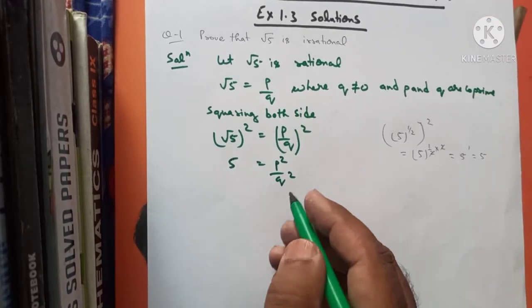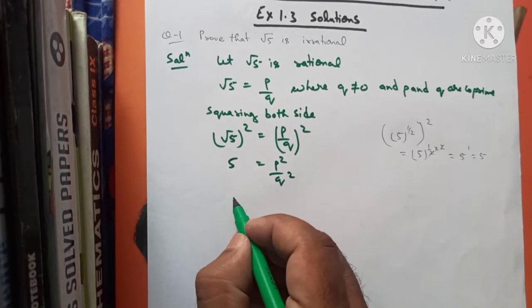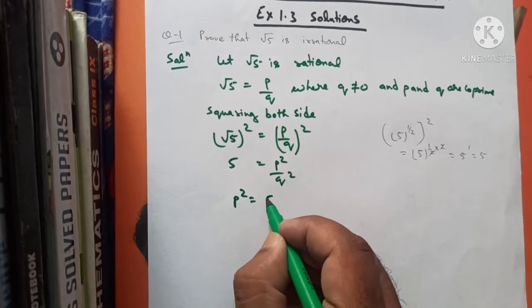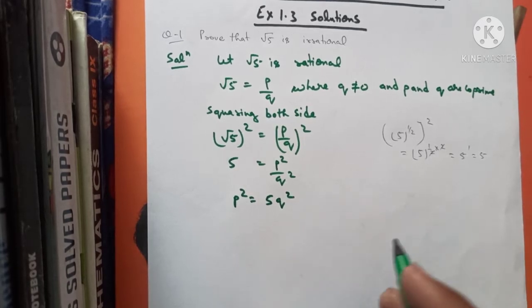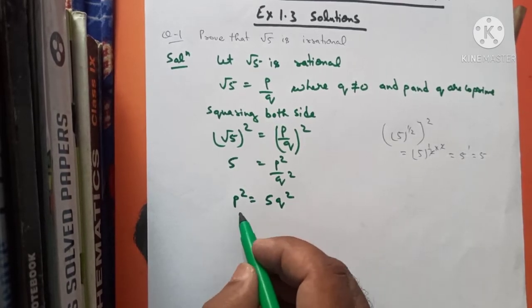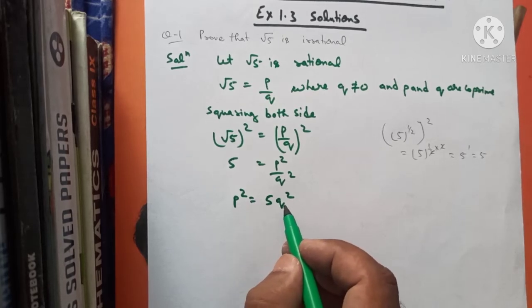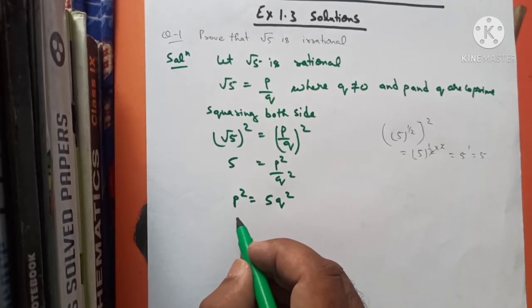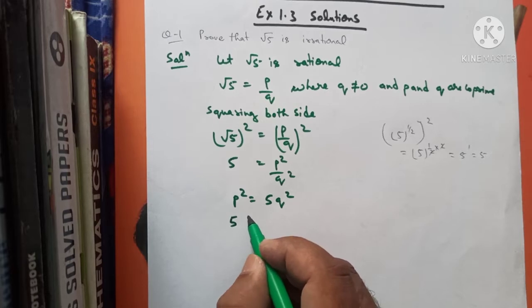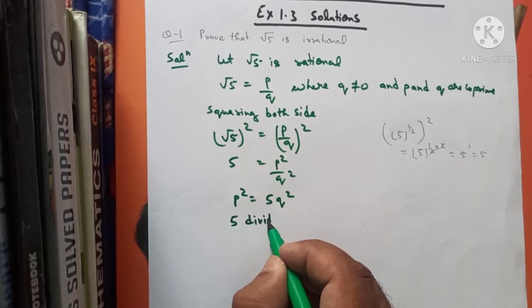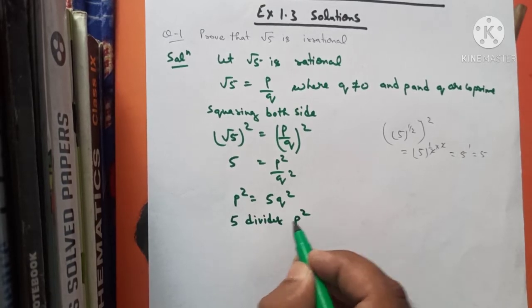Now we can write p square is equal to 5 times q square, which shows that 5 and q square are the factors of p square. That is, we can say that 5 divides p square.